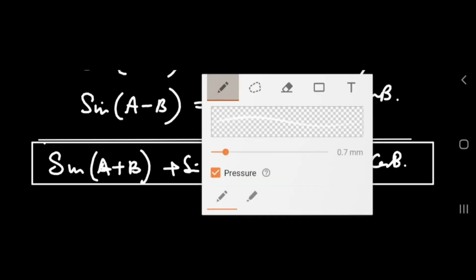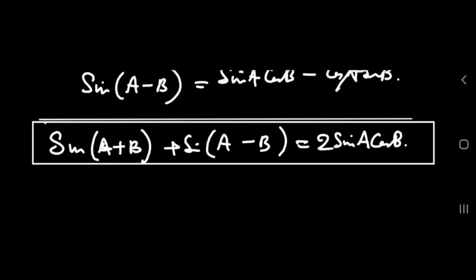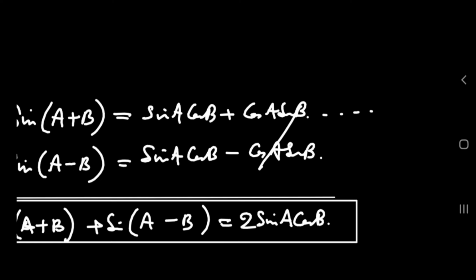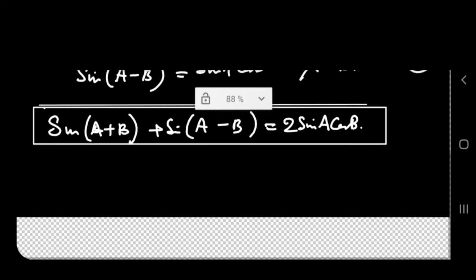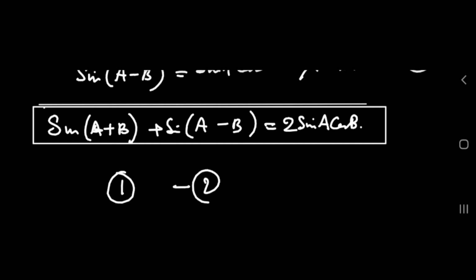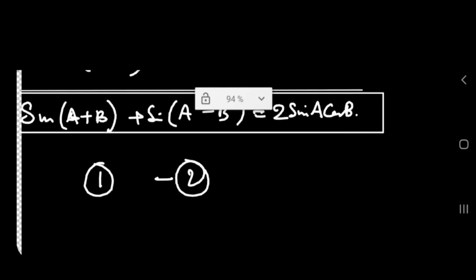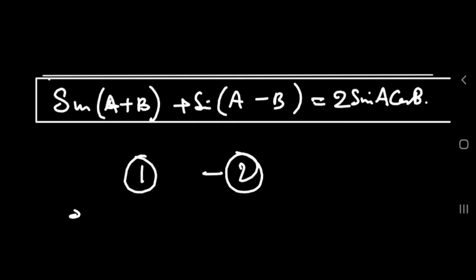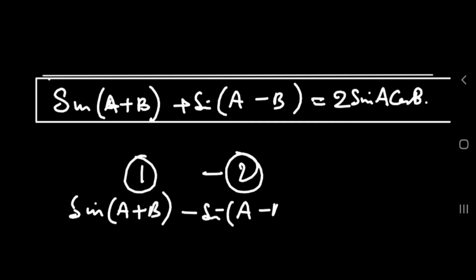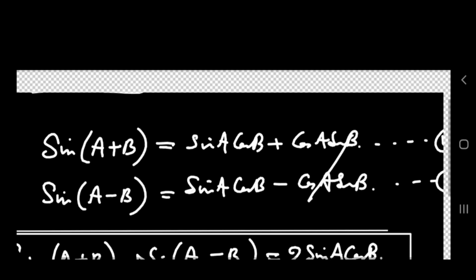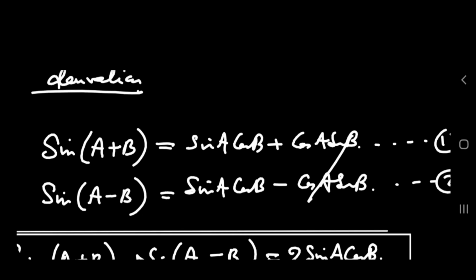Now we added. Now if I subtract, I am writing here equation 1, this is equation 2. Now if I do 1 minus 2, then what am I getting? Sin(A+B) − sin(A−B). I think you can understand which will cancel.